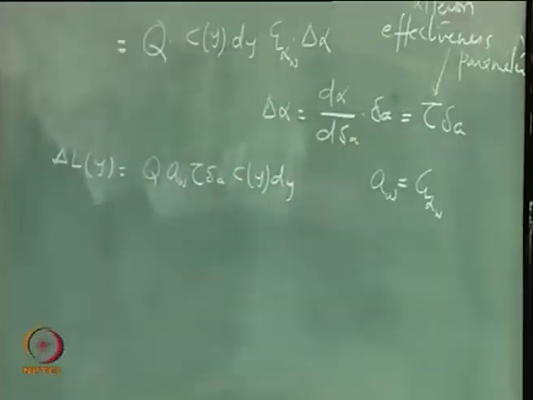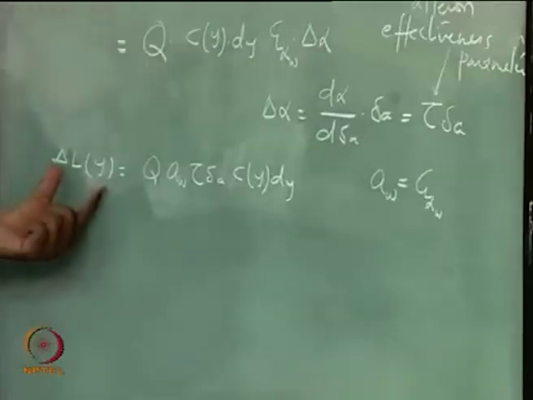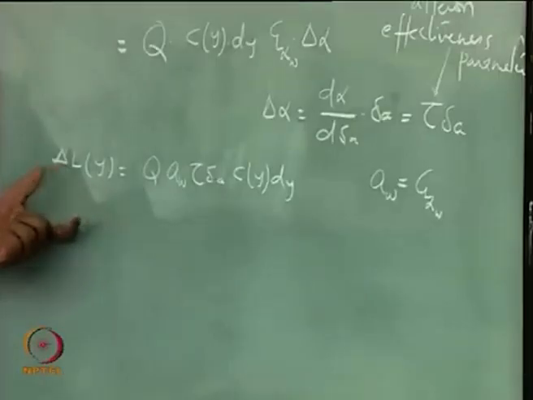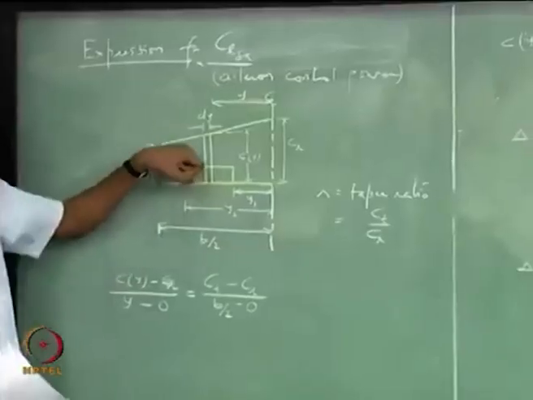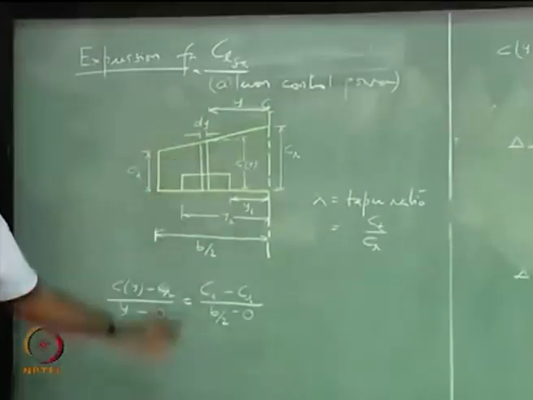Now, the moment because of this is going to be, so they change I have deflected the aileron down. So, it is going to give me a positive roll.